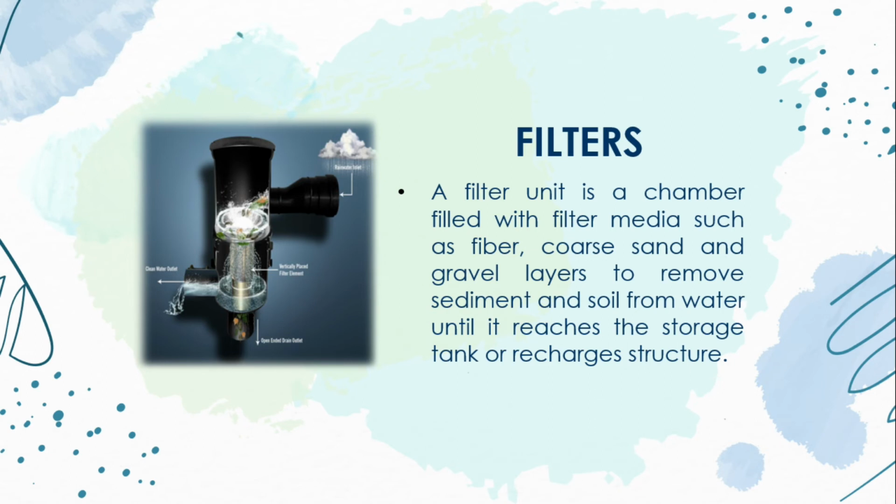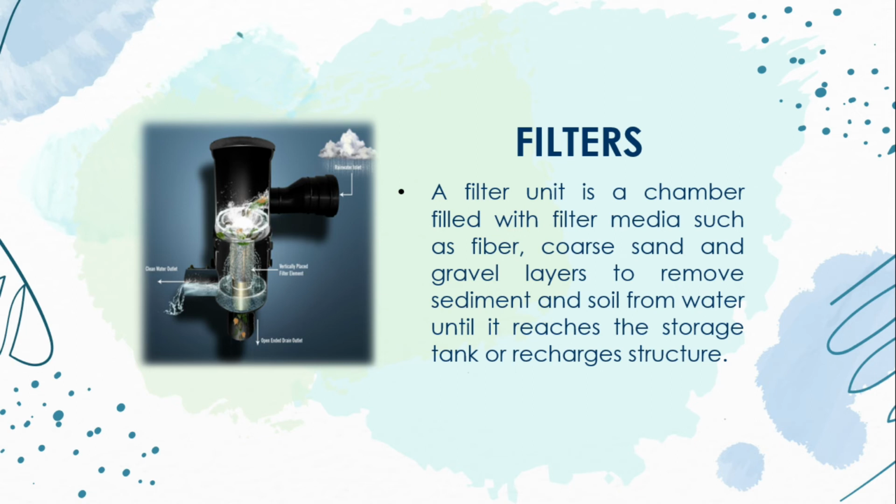Then, a filter unit is a chamber filled with filter media such as fiber, coarse sand, and gravel layers to remove sediment and soil from water until it reaches the storage tank or recharge structures. In filtration, suspended contaminants are separated from the rainwater accumulated over the roof. Again, gumagamit dito ng iba't ibang filter media, and obviously the finer the filter, the less material will get through to the tank.